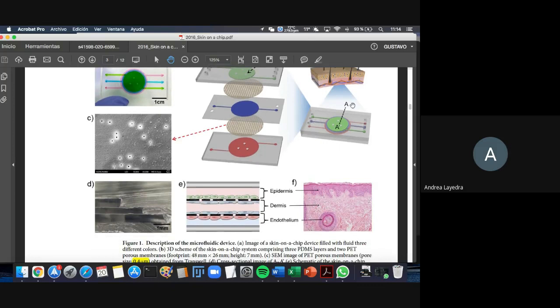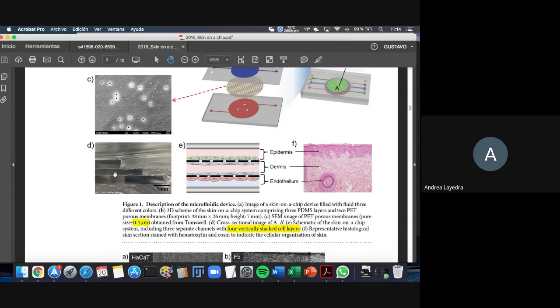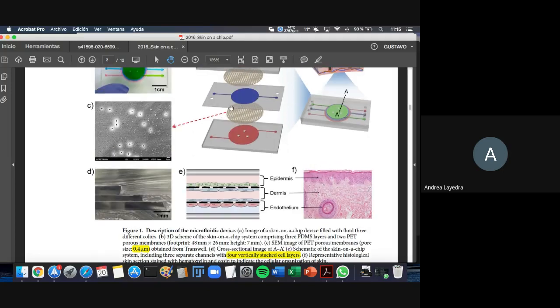Then in the cross section, A prime to A, you can see the cross section, and in D, the scanning electron micrograph image of the three layers. And in C, you can see the image of the membrane.